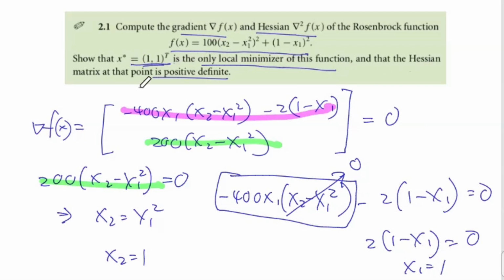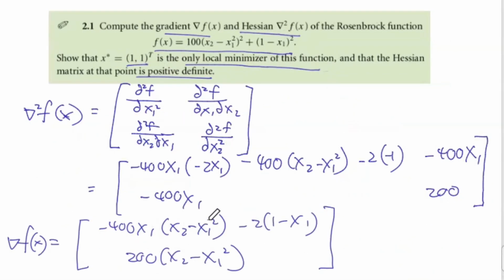But is it positive definite? You see x1 is 1, x2 is also 1. We come back to here, so we substitute 1 here. This is the Hessian.